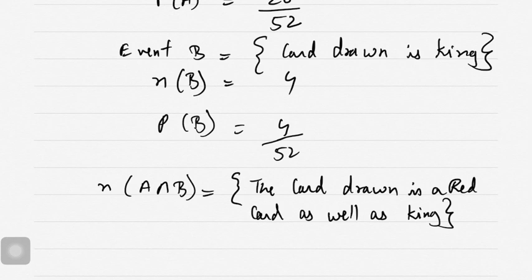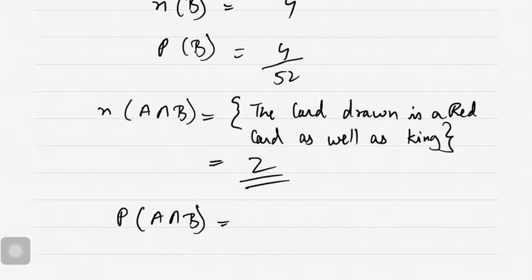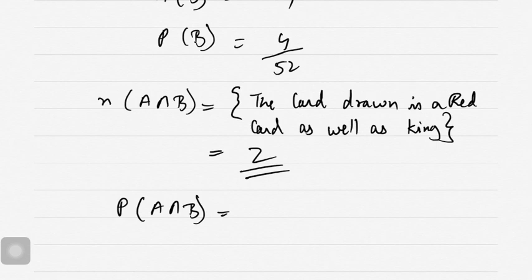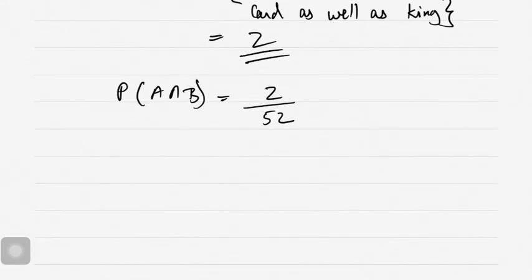There are two sets of red cards, which is diamond and heart. Both have king. So there are two cards. Correct? So P of A intersection B would be 2 divided by 52.